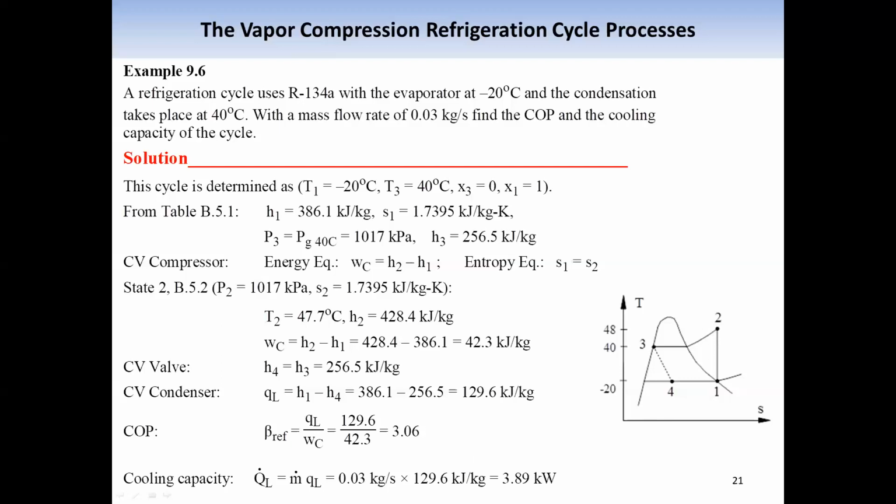Then we can find the efficiency based on the definition, QL divided by WC. And the cooling capacity, the rate of heat transfer at the low temperature reservoir from state 4 to state 1, can be estimated based on the first law times the mass flow rate, which is given in the problem statement.